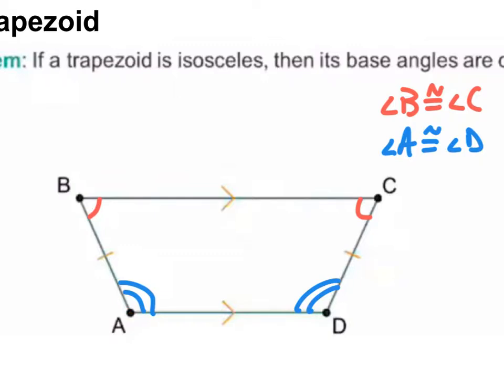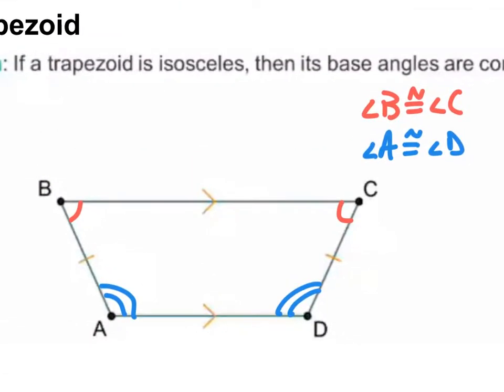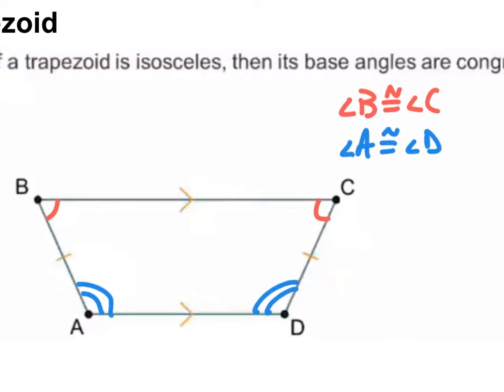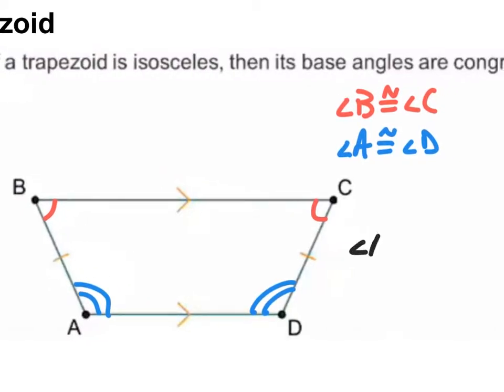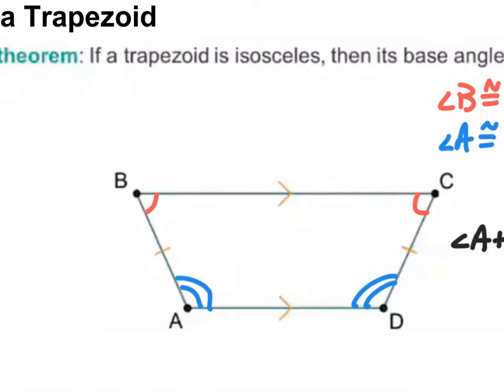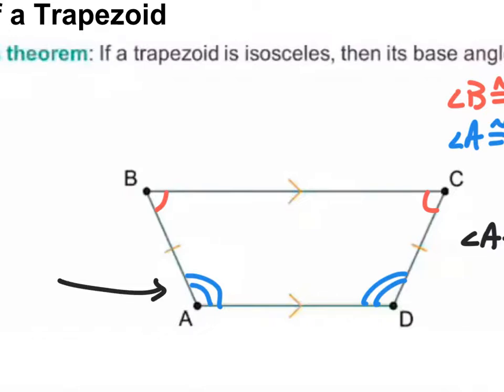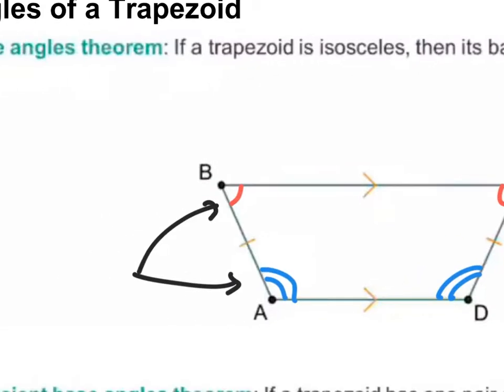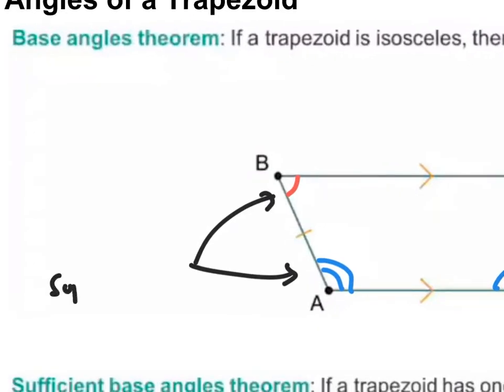The other thing that's pretty cool is that if I take angle A and add it to angle B, these are supplementary. I'm going to label that here, that we have supplementary angles.